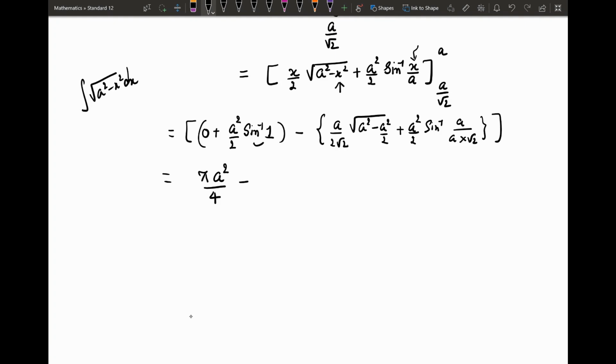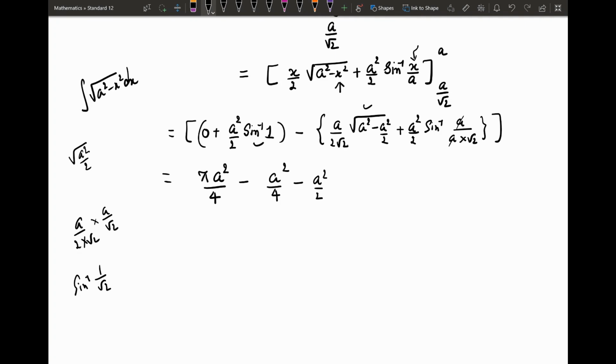Minus, here the simplification is a upon 2 root 2 into under root a square by 2, that is a upon root 2, so this is a square by 4, minus a square by 2 sine inverse 1 upon root 2.